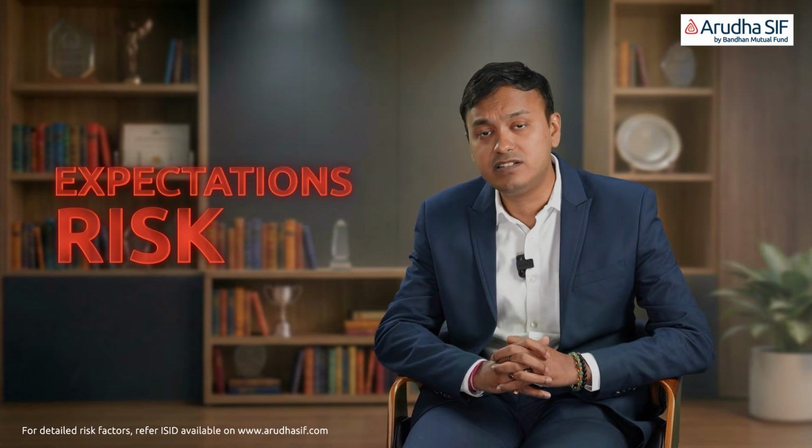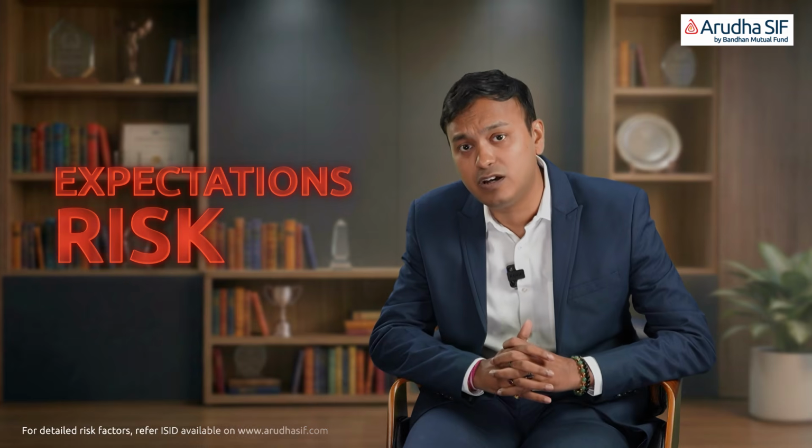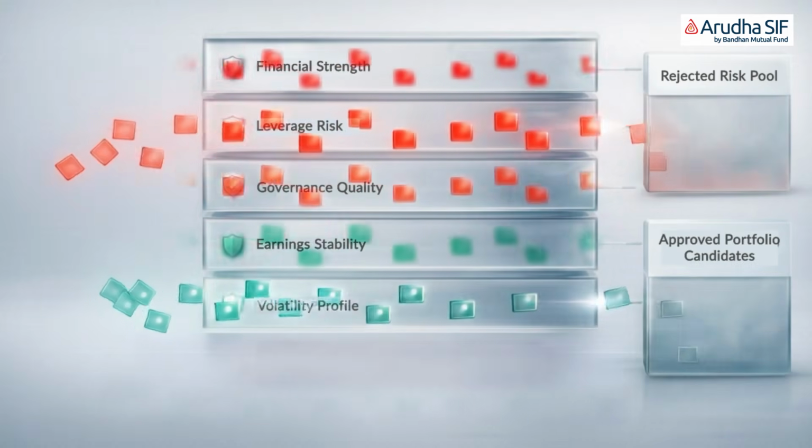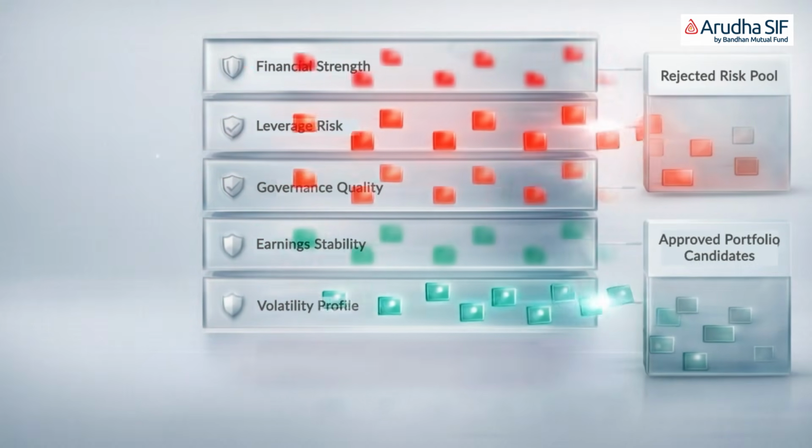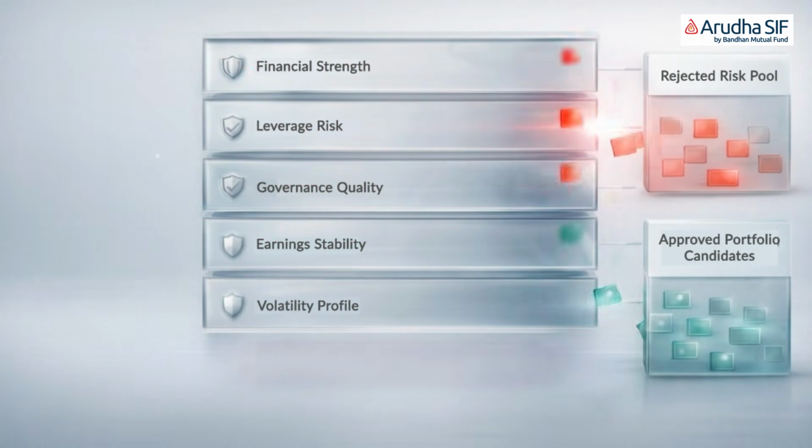Within expectations risk, the idea is to eliminate companies where the market has euphoric expectations on either growth or margins, or companies where the market expects long periods of supernormal growth. Both of these are risks that we need to guard the portfolio from.